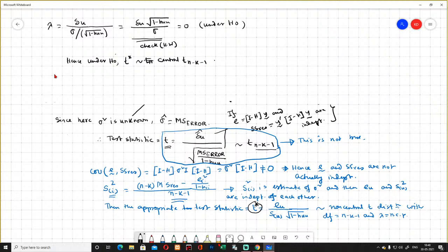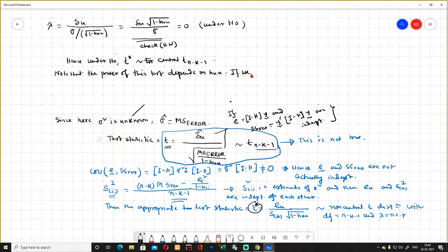Okay, and note that the power of this test depends on h_ii.